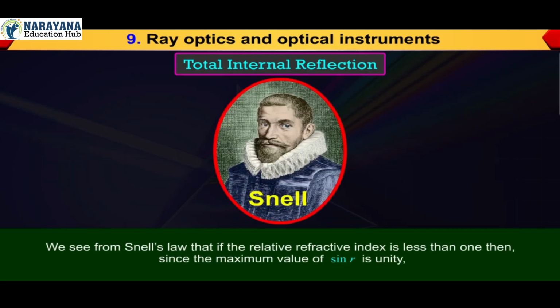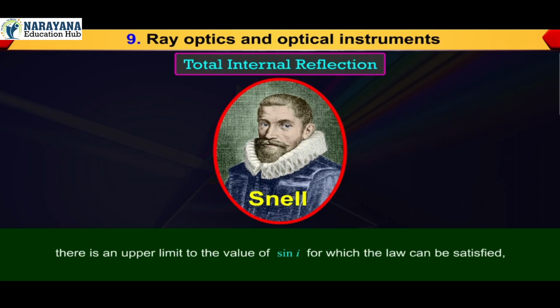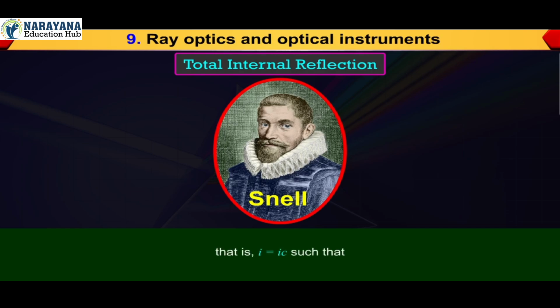We see from Snell's law that if the relative refractive index is less than 1, then, since the maximum value of sin r is unity, there is an upper limit to the value of sin i for which the law can be satisfied, that is i is equal to ic, such that sin ic is equal to n21, equation 12.